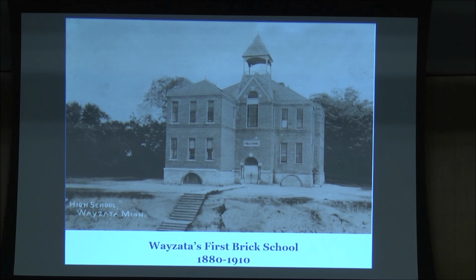Well, in about 1880, we have maybe 85 or 90 students in our school system. And then by 1890, we're going to have about 105 students. But remember, this is only up through 8th grade. That's as far as education is at this point in time.